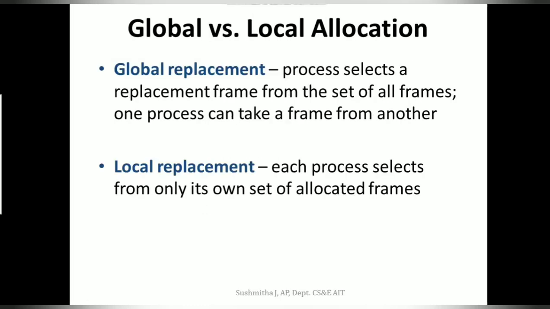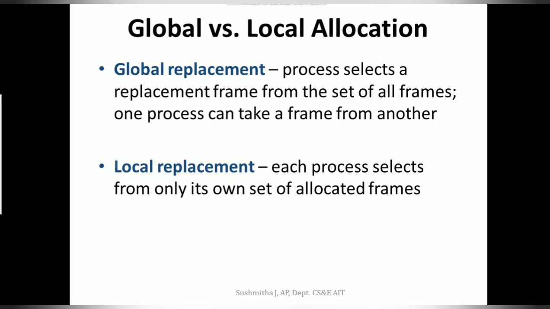Now, having spoken about the frame allocation, the next thing that we have is local or global allocation. That is, whenever a page needs to be replaced, it could be done locally or globally. If 10 frames are allocated to a process and it requires a page replacement, I replace it among those 10 frames only.